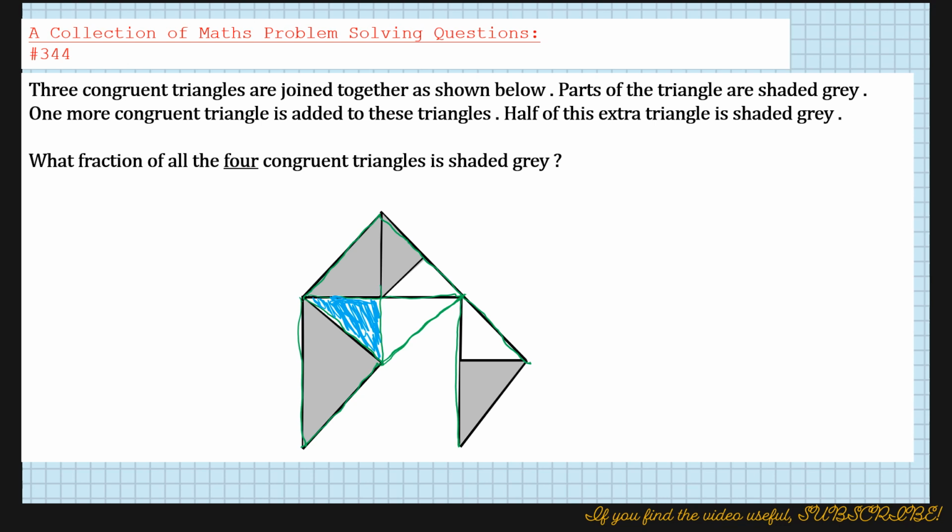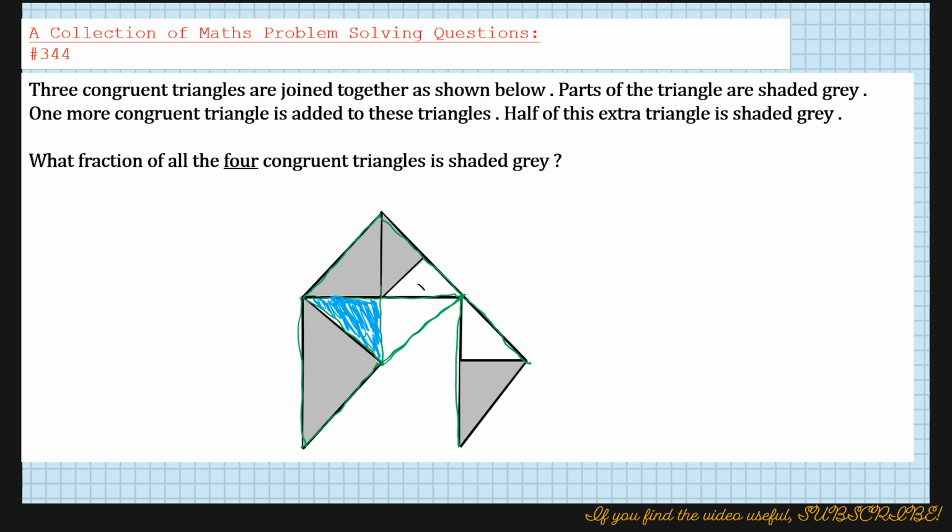So we can draw some lines which will help us understand the parts of the triangle that are shaded gray. If you look at the triangles that are formed, this is one triangle, and these two are equal, and let me use black.